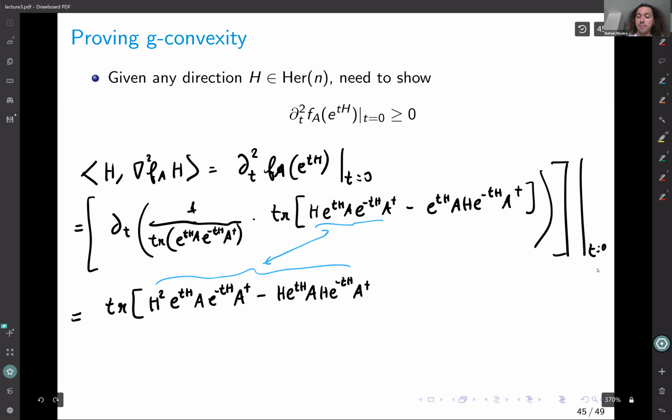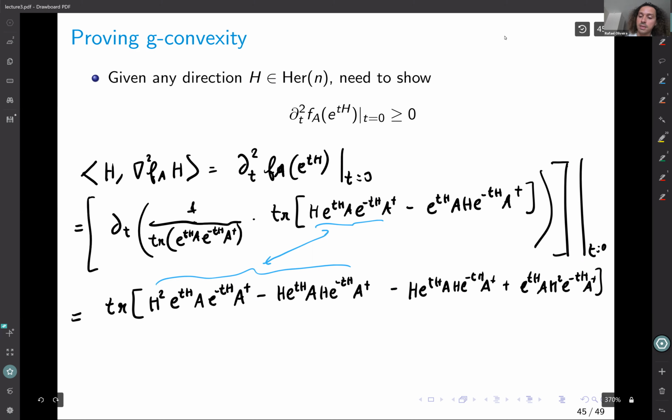Then we have to do the same for the second term: minus H e^{tH} a H e^{-tH} a dagger, plus, at last, the last term, e^{tH} a H squared e^{-tH} a dagger.